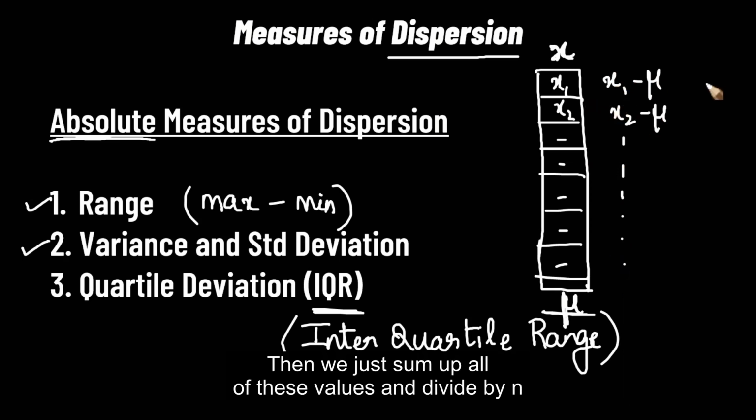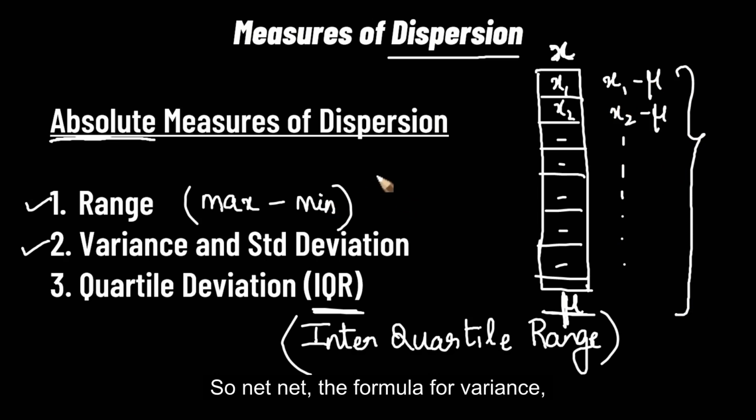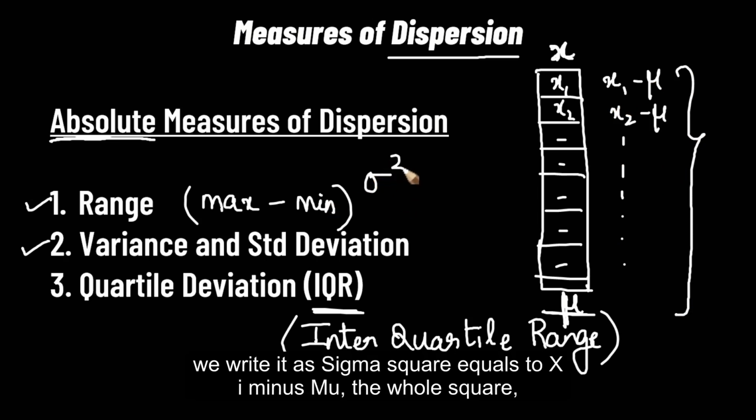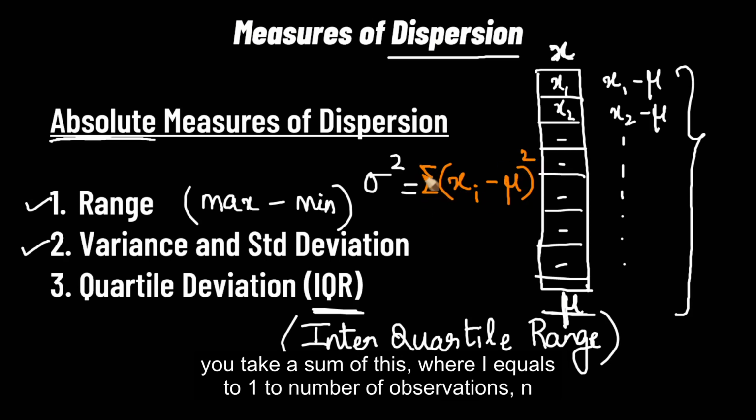Then we sum up all of these values and divide by n. So the formula for variance, we write it as sigma square equals the sum of xi minus mu the whole square, where i equals 1 to the number of observations n.